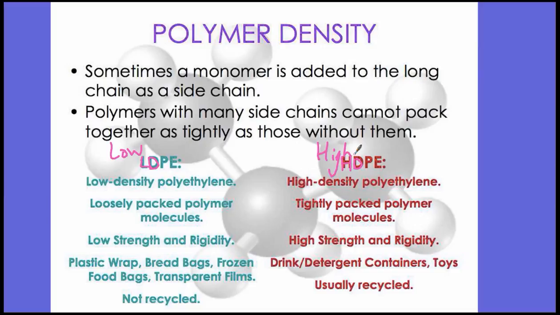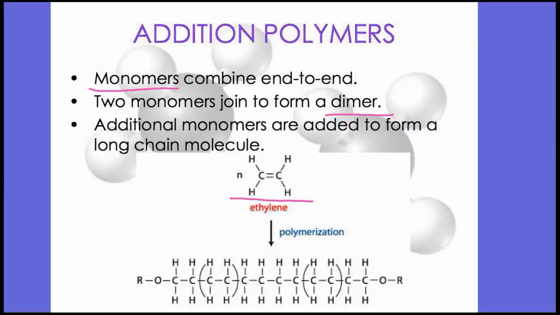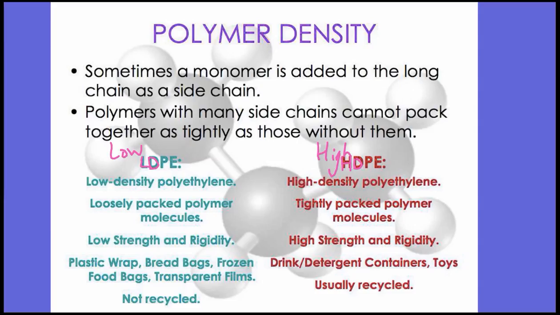Who would have more packed in the same amount of space? HD, the high density. PE stands for polyethylene, which if we go back, the one example I showed you here was ethylene. So this would be a polyethylene because there were 6 in a row. So it's just one example of a polymer. So low density polymers versus high density polymers.